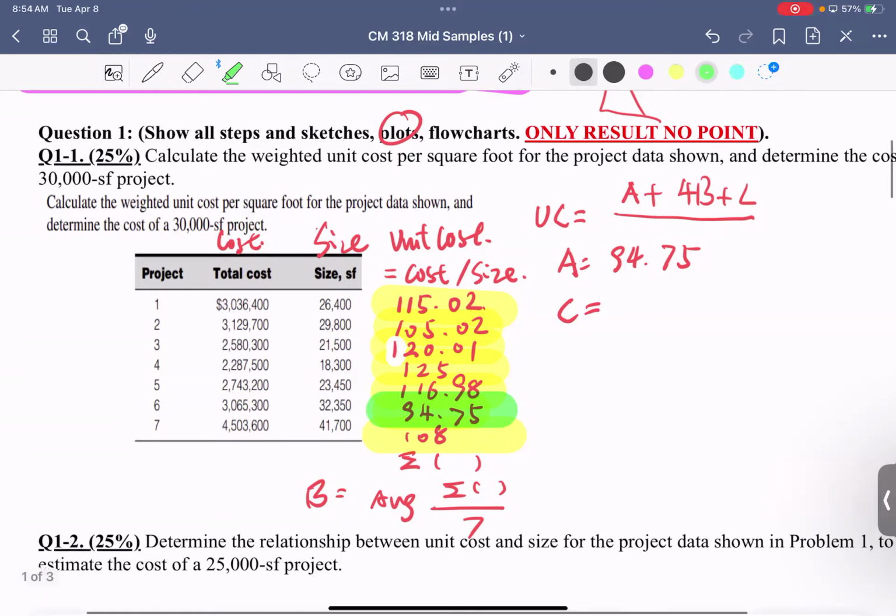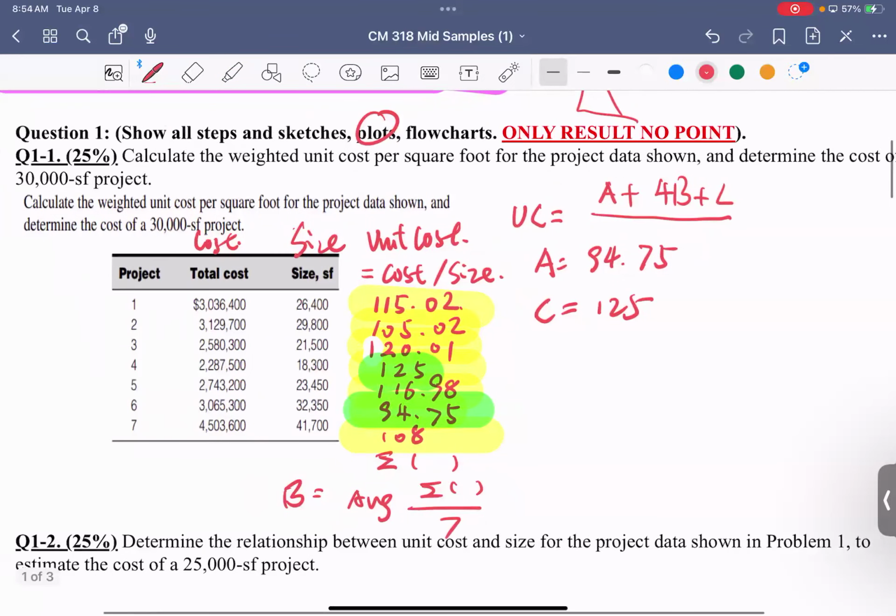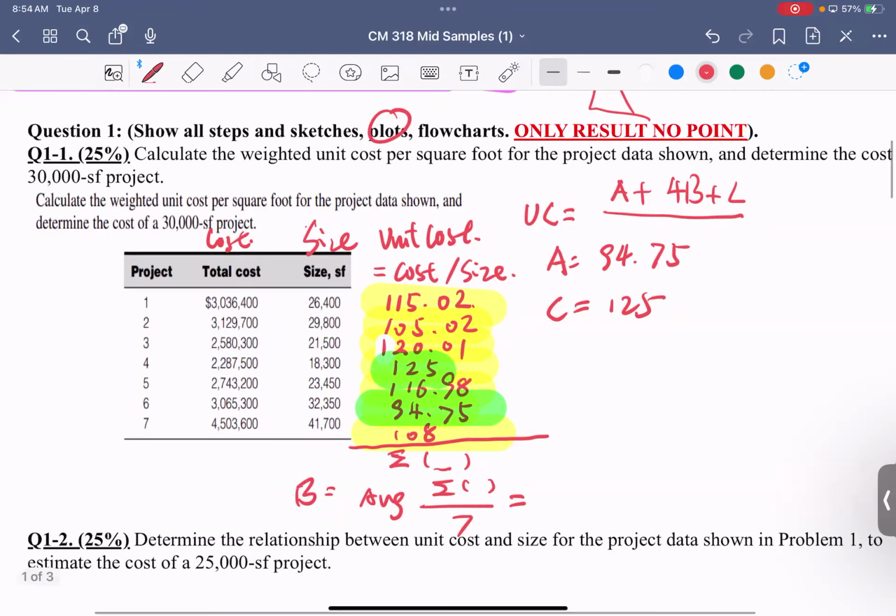Which is 125. You can get the summary of all those, and then you can find B. So B is equal to what? 784.78.